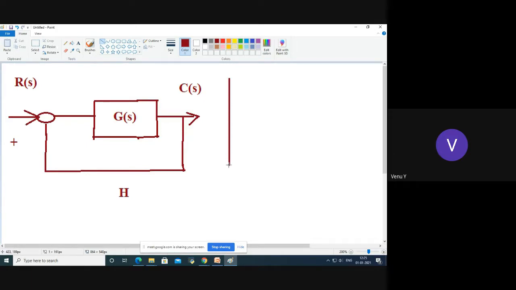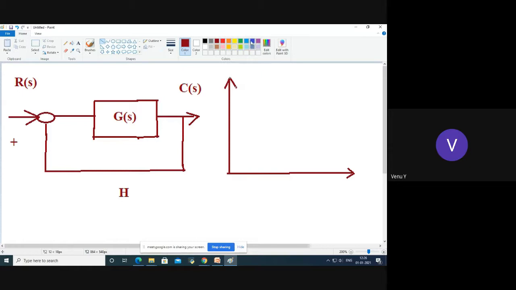If you look at the response of a second order feedback system, you have steady state response as well as transient response. And here x-axis is time t, y-axis is response c of t.